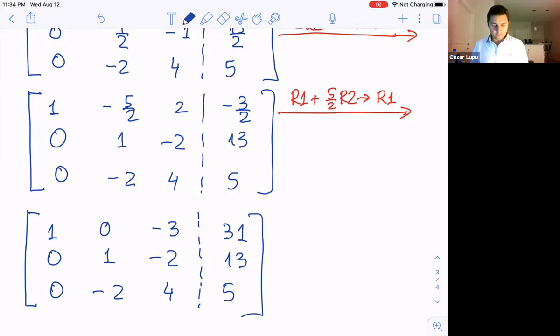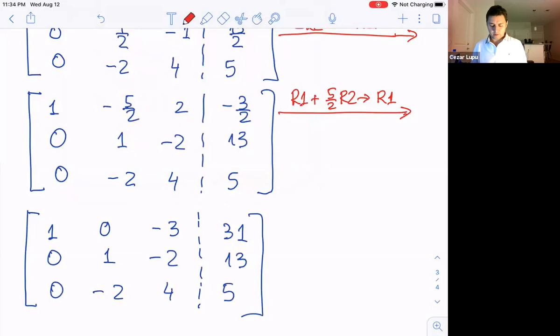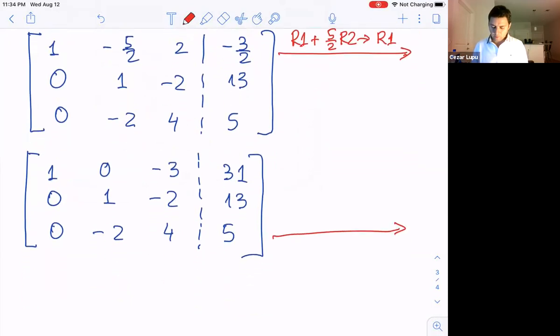Well, and now guess what? What we are going to do is the following: I want to look at the last one. As you can see, I'm almost there. Let's perform elementary row operations on the last one. We'll multiply, let's say, the second row by 2, and we'll add it to the third row. 2R2 plus R3 will become my new R3.